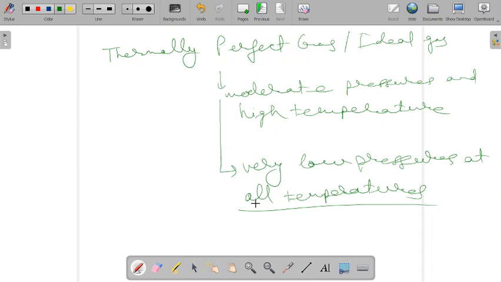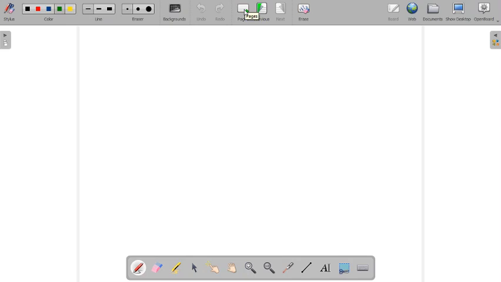Okay, another interesting point is that along with the thermally perfect gas, we also have one more term, calorically perfect gas. Now, can you tell me what we mean by calorically perfect gas? Can any one of you tell me what is a calorically perfect gas?